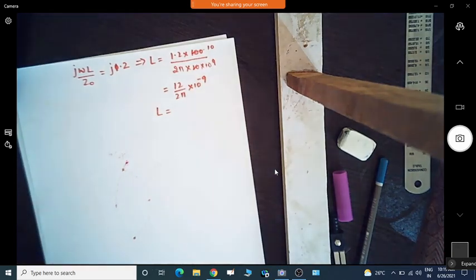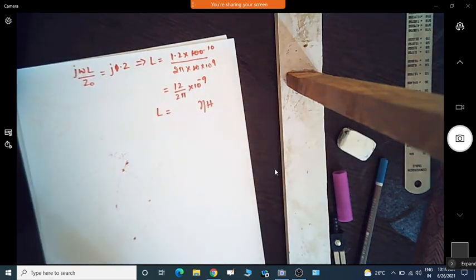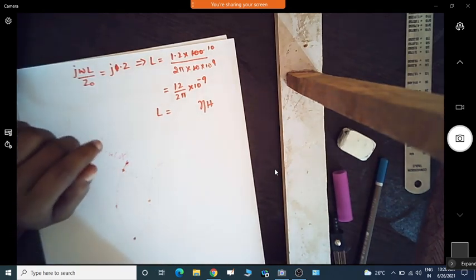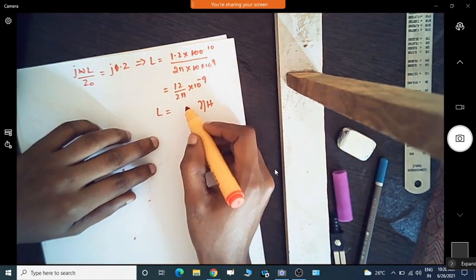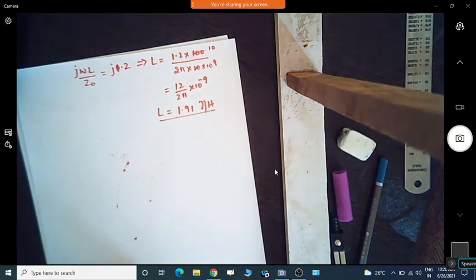Find out what is the value of L. So in terms of nanohenry you can put how much? 1.91 into 10 power minus 9. Yeah, so 1.91 nanohenry you can put. So this is the value.